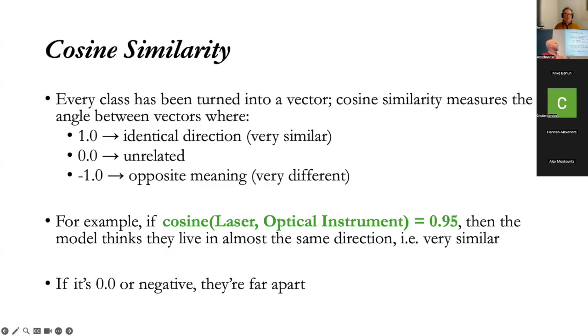So you could have contrasting terms versus unrelated terms, and everywhere in between. For example, if you have a function that's comparing laser and optical instrument, it returns like 0.95, very close to 1, then the model thinks they live in the same direction in the vector space, i.e. they're very similar. If it's negative, they're far apart.